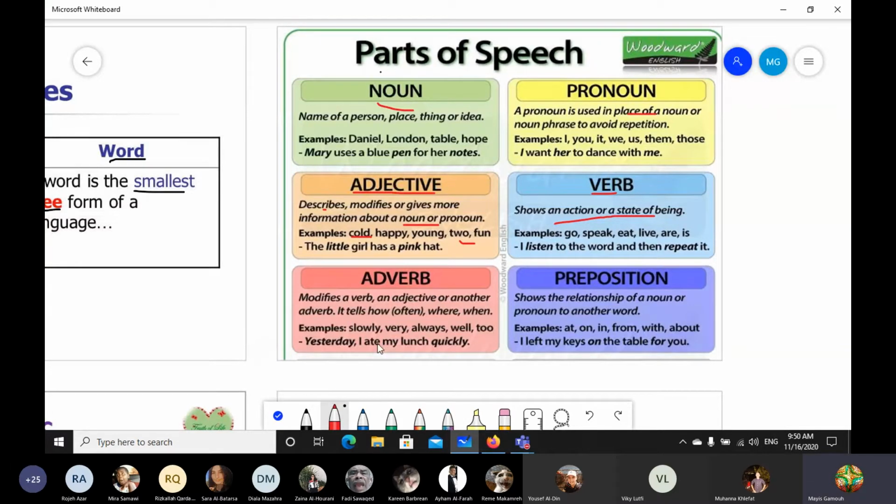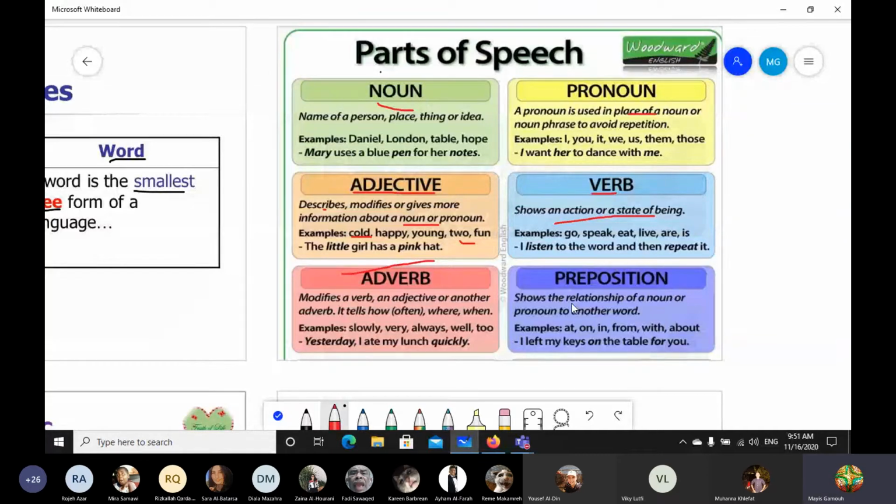And we have the preposition, that shows the relationship of a noun or pronoun to another word, how nouns or pronouns are related to another word.